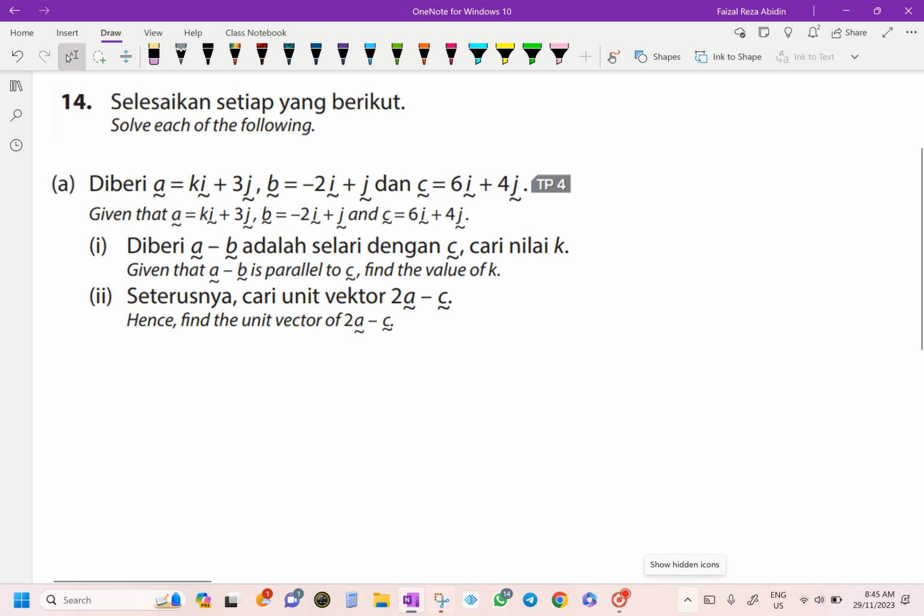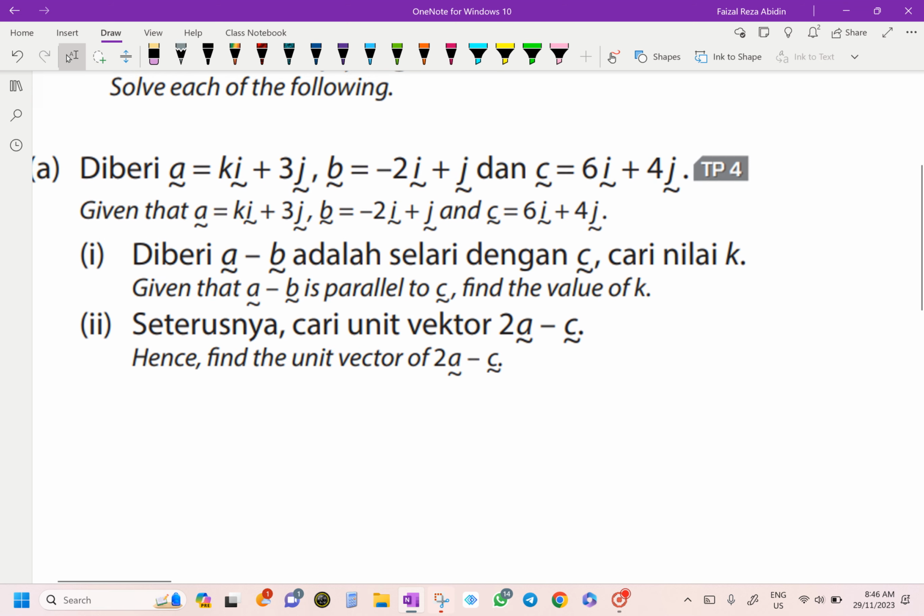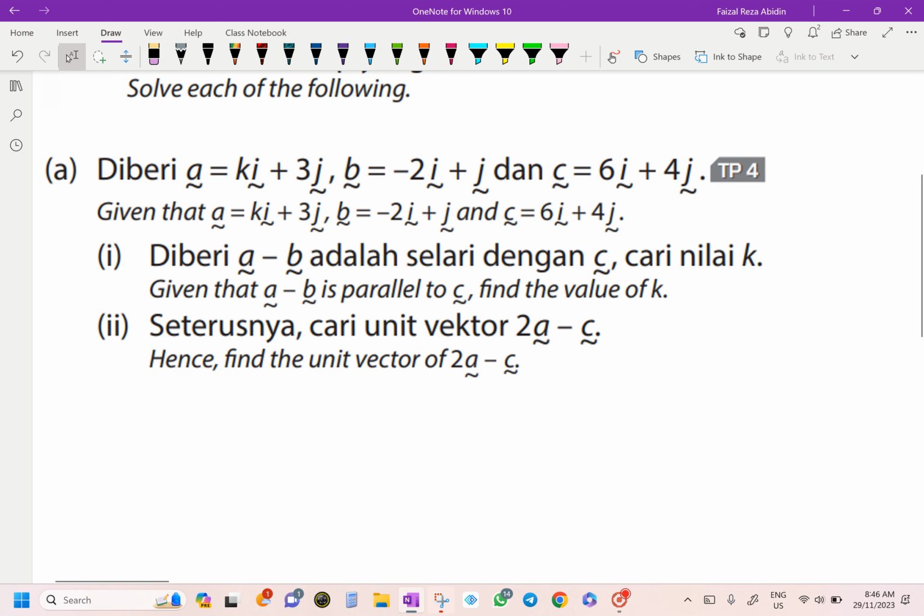Okay, number 14. What we have over here is given our A. We obviously need to find K. Ki plus 3j. This is going to be our A, given our B and also our C there. Given that A minus B is parallel.